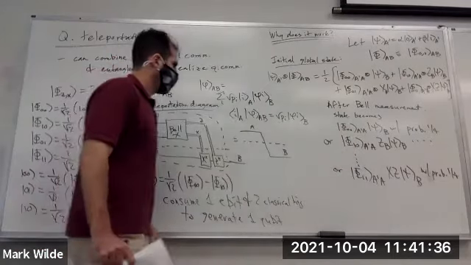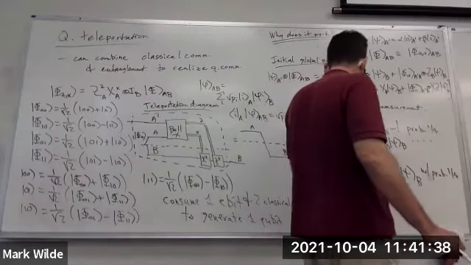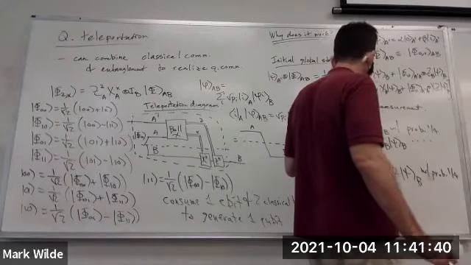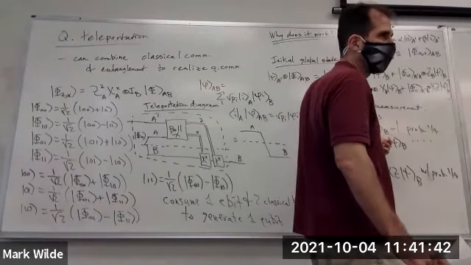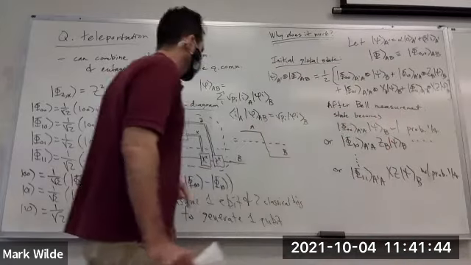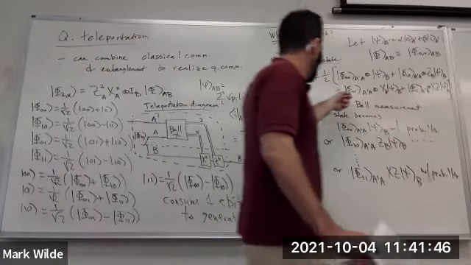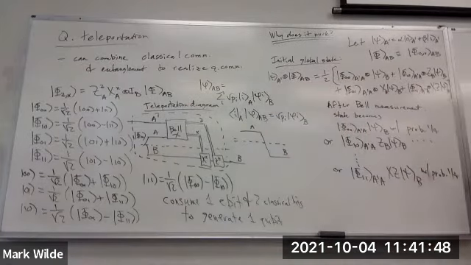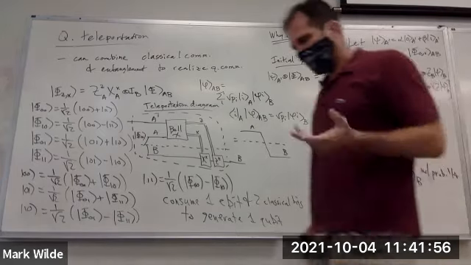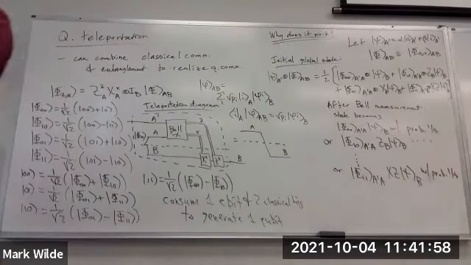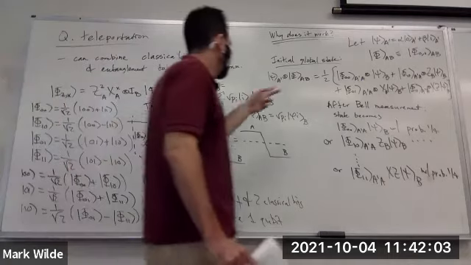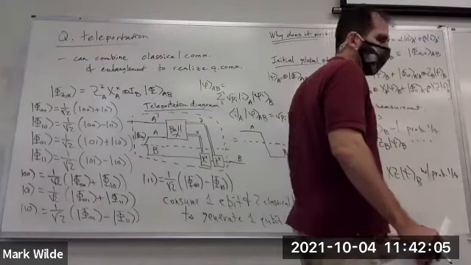If he gets 1, 0, he knows he needs to do Z, to invert Z. And if he gets 0, 1, he knows he needs to do X to invert the X. And finally, if he gets 1, 1, he knows he needs to do X then Z to invert this. Okay? So that's the basic of how it works. The main thing remaining is we have to justify this identity.